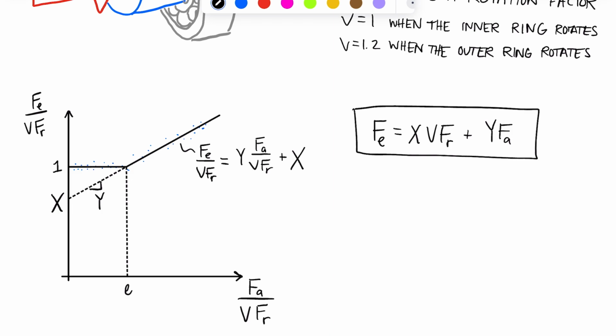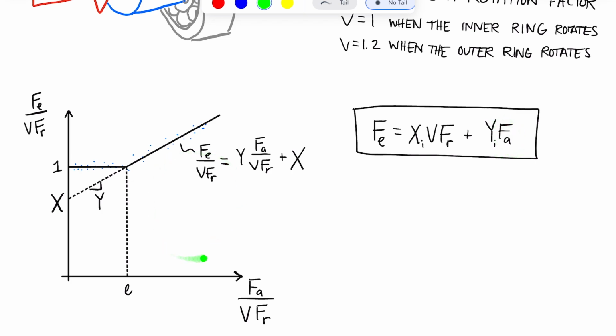And we're also going to add subscripts to X and Y because we want to use this same equation whether we're on this side of E or this side of E. And we can do that by saying that when i is equal to 1, we're on this side of the line and we have values of X and Y that are just equal to 1 and 0, so that we eliminate this term where we're getting some effect from the axial thrust load.